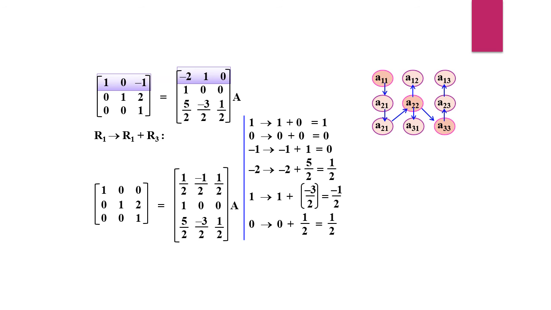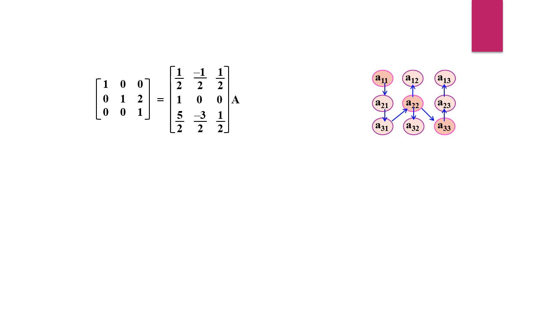Next, last step, we need to convert the element A23 into 0. So to convert the element A23 into 0, we need to apply the property on R2, that is R2 implies R2 minus 2 R3.